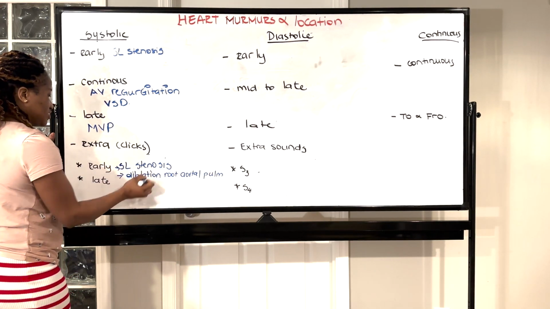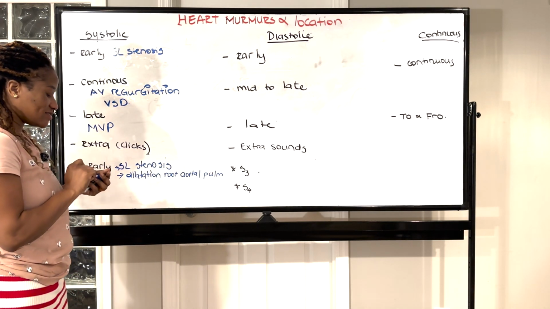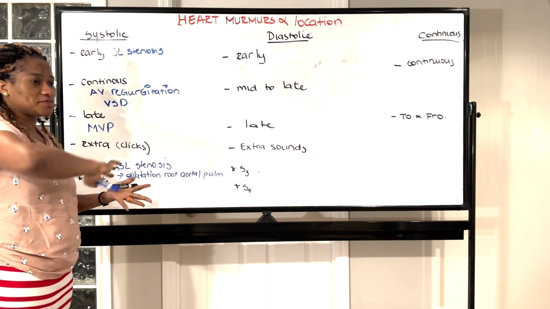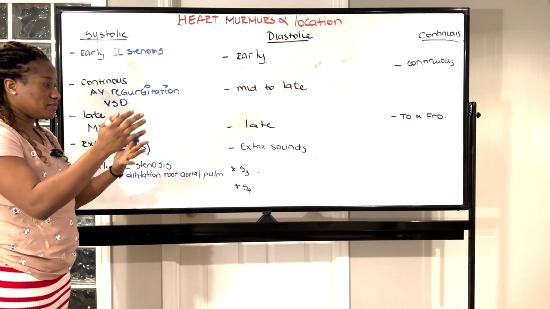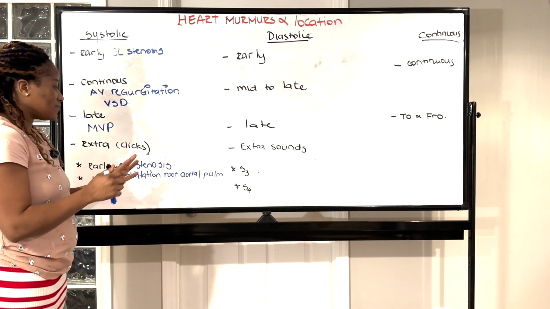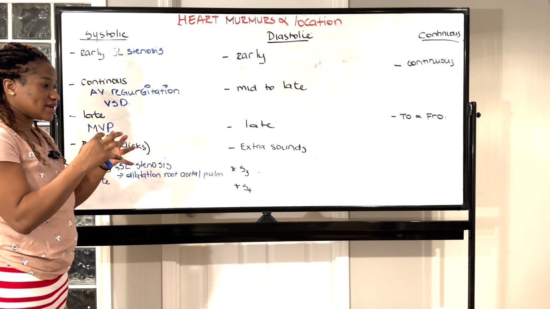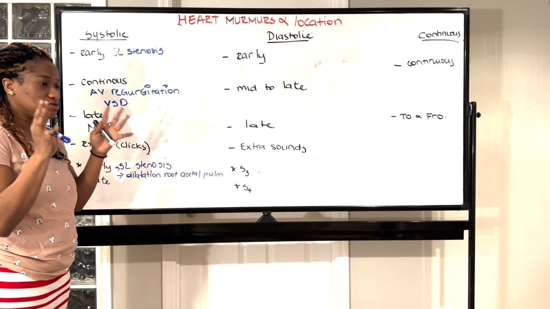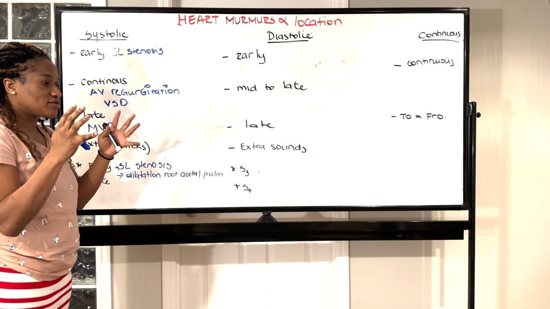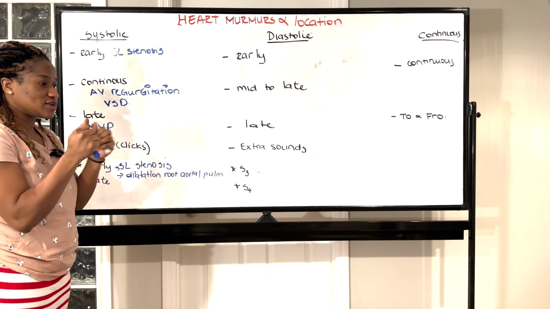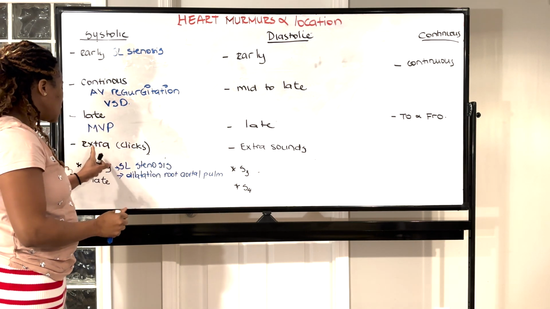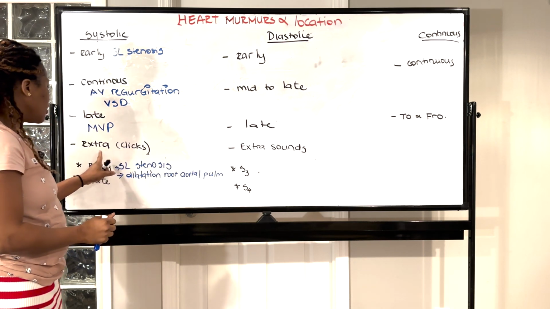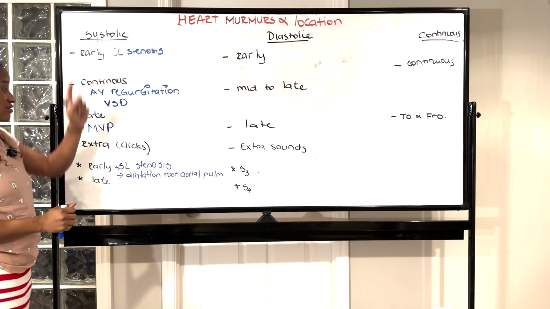Why the dilatation? Because during systolic, remember, the blood is pumped throughout the body. So if there is any part of the root that is enlarged, receiving that huge amount of blood is going to create a vasoconstriction reflex.